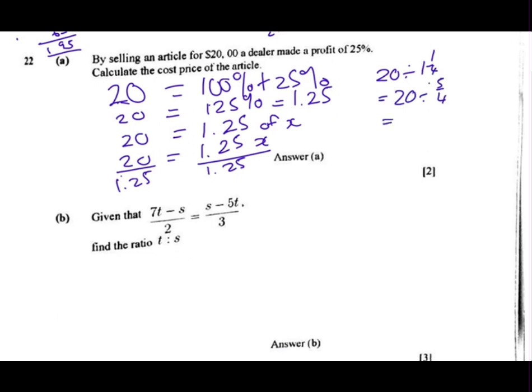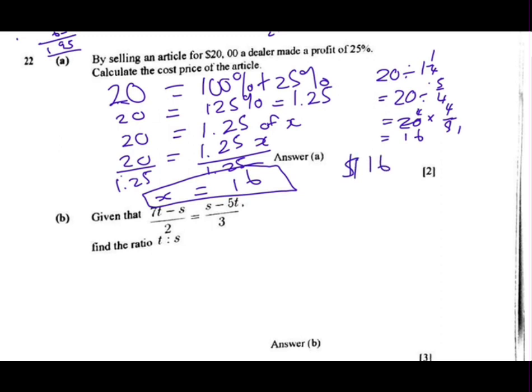When we divide by a fraction, it is the same as multiplying by its reciprocal, which will be 20 times 4 over 5. 5 into 5, 1. 5 into 20, 4 times 4 gives us 16. So the cost price of the article was $16. Okay? So you can use many methods here, but generating an equation is straightforward and makes it easier for you if you're not so well versed with proportion.